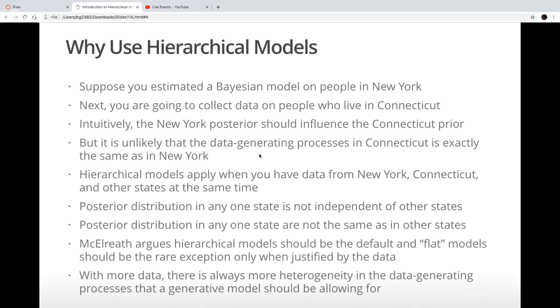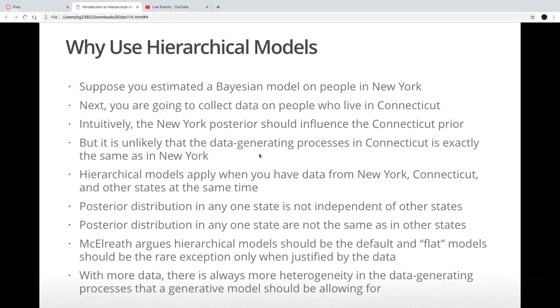And for that reason, in the reading for today, Richard is making his standard argument that hierarchical models should really be the default way that you approach data, and the flat models that we've been to some extent talking about so far, where there's no heterogeneity in the data generating process across groups, would be a fairly rare special case that you would have to justify based on the data, first by estimating a hierarchical model, and then finding in the posterior distribution there's not really a whole lot of heterogeneity from this group to that group to another group.